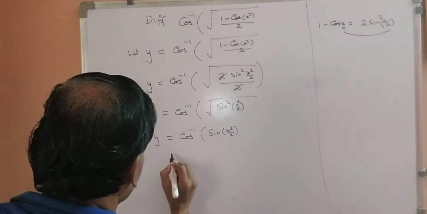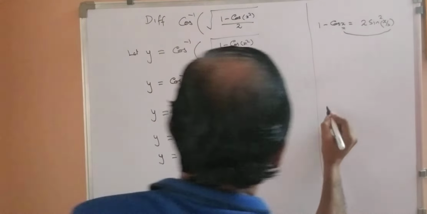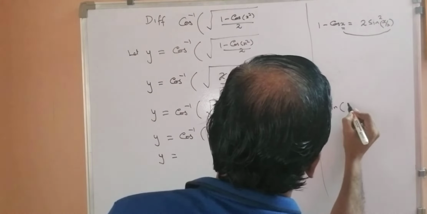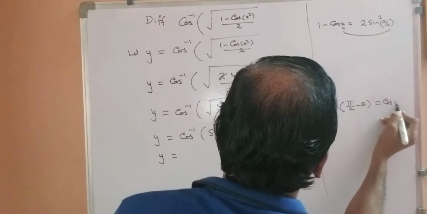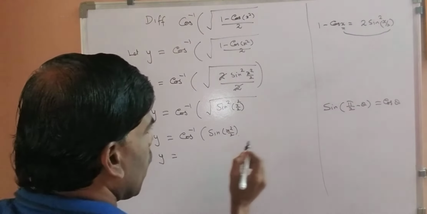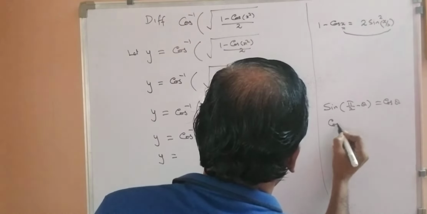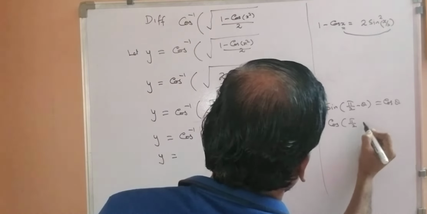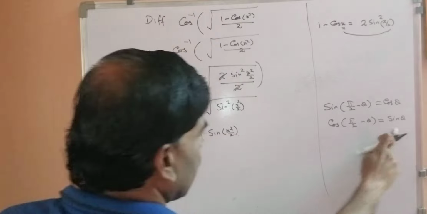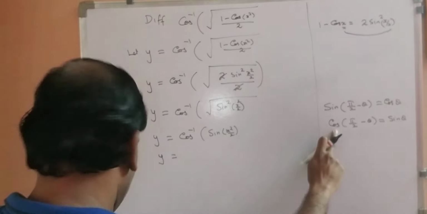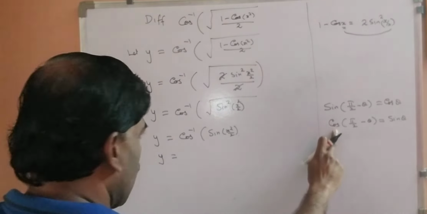Now again we will write, what is sin of pi by 2 minus theta? Cos theta. Okay. So what is cos of pi by 2 minus theta? Sin theta. So sin theta can be written as cos of pi by 2 minus theta.